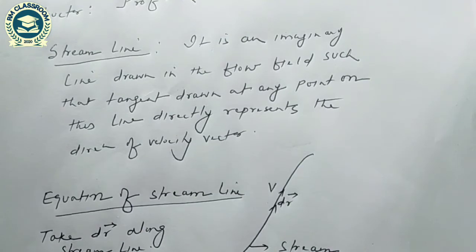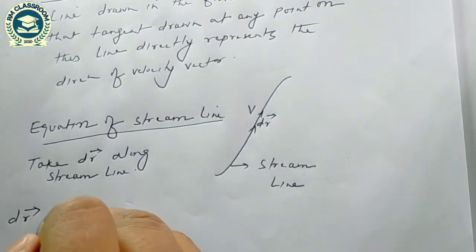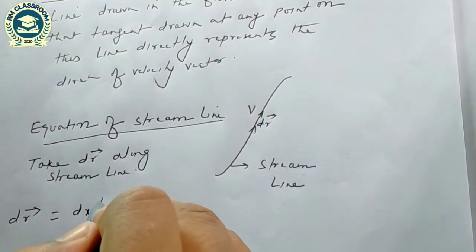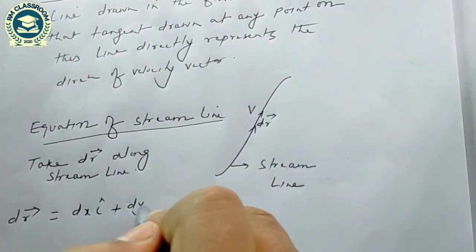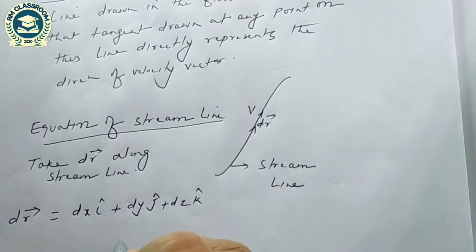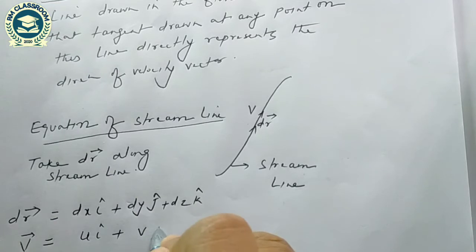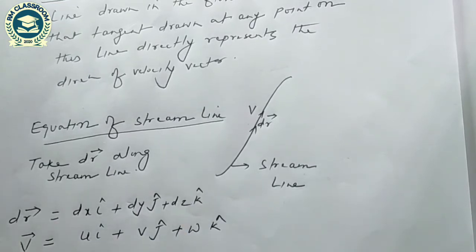So dr can be written as dr is equal to dx i plus dy j plus dz k, if r is x i plus y j plus z k, and we know the velocity is equal to u i plus v j plus w k.